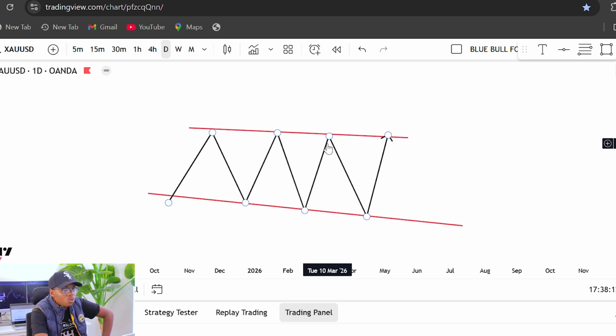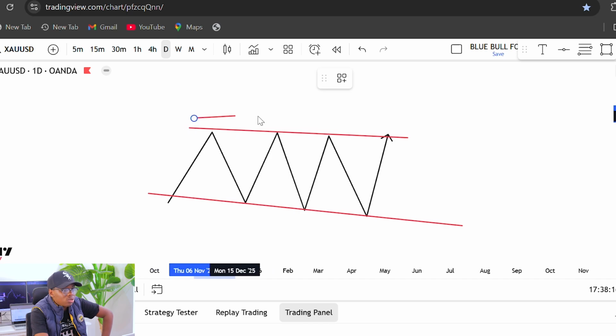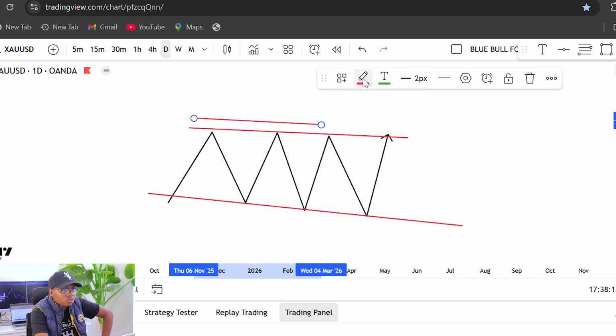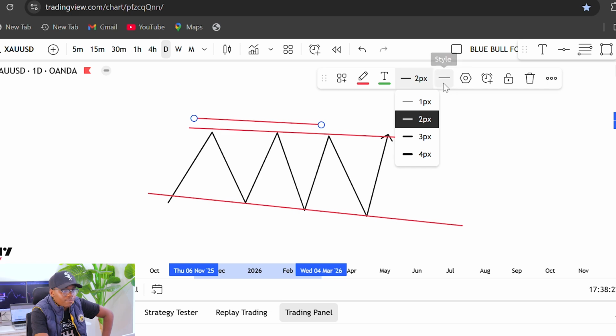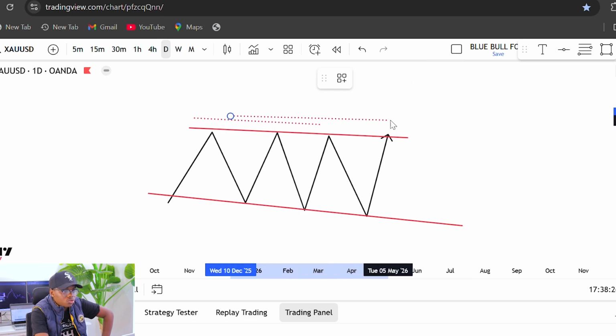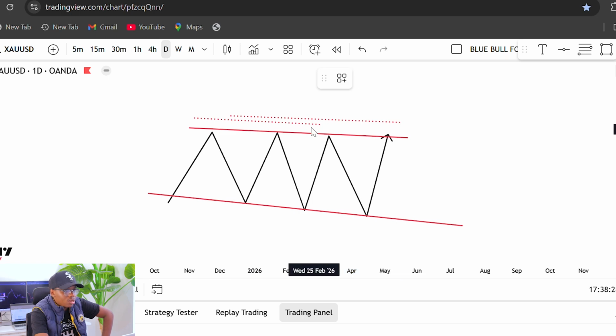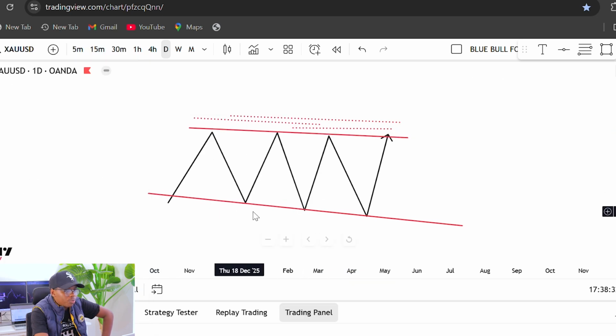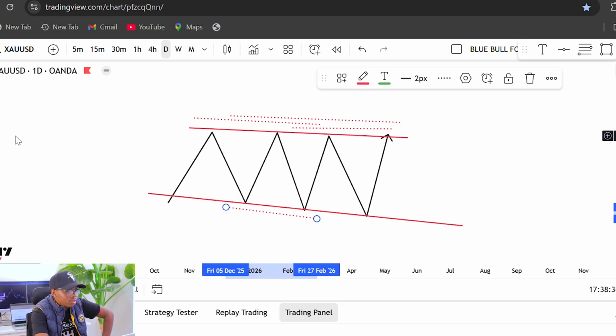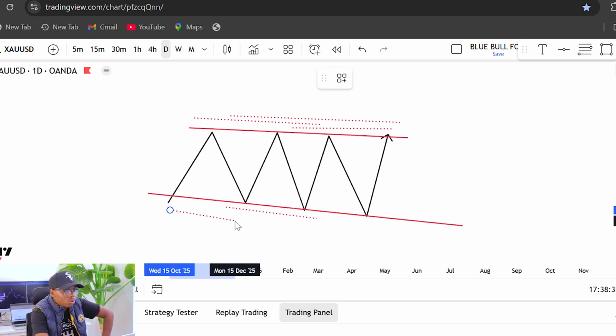Why? Because they know when they are selling here, at this particular point is where they are likely putting their stop losses. So this is the stop loss zone. Those are stop losses for sellers who are trading this market, and buyers are putting their stop losses down over here.